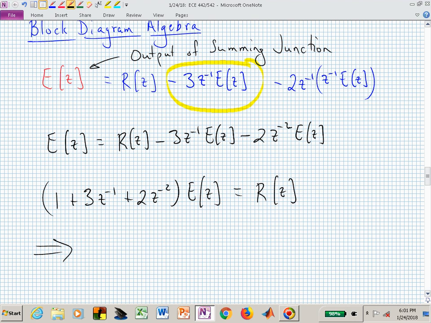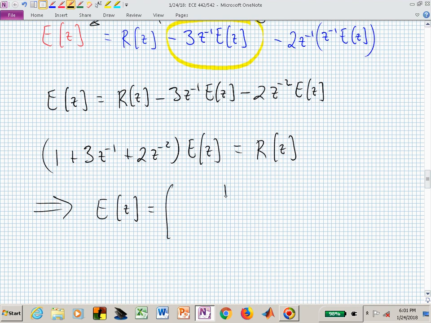That now allows me to go ahead and solve for e of z, which is 1 divided by 1 plus 3 z to the minus 1 plus 2 z to the minus 2 times r of z. And this is actually a transfer function associated with this system.